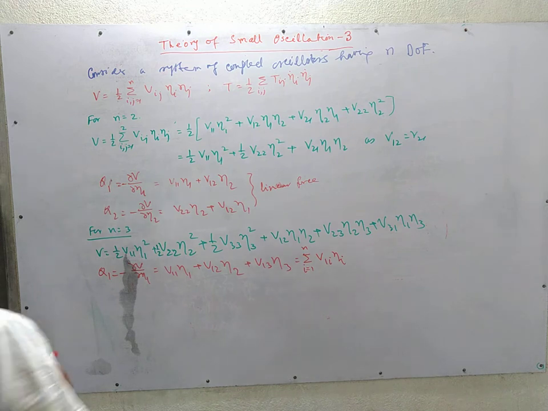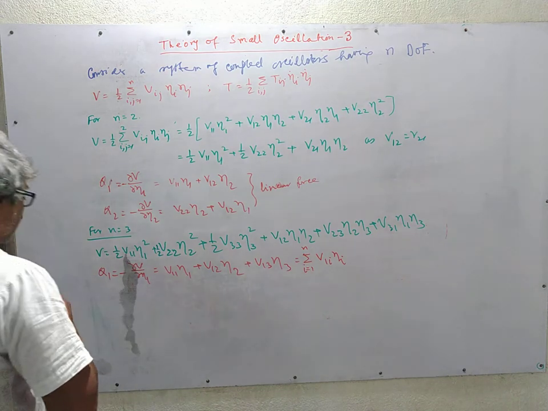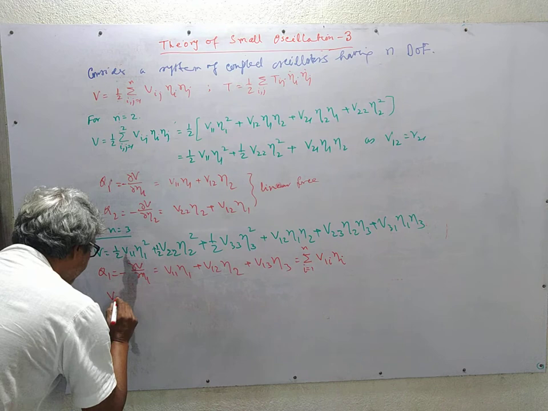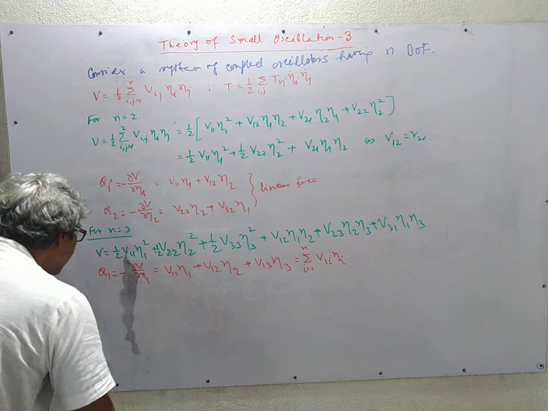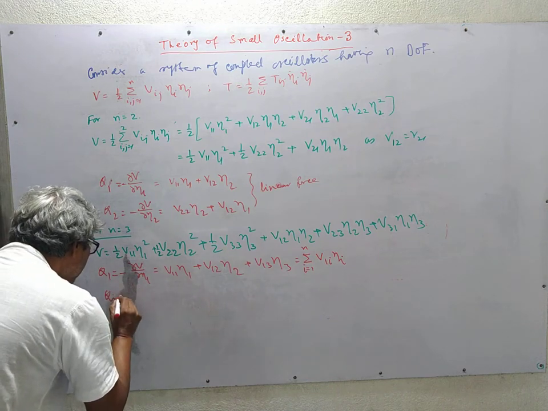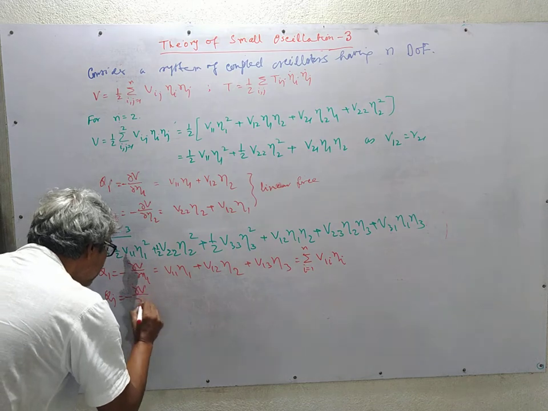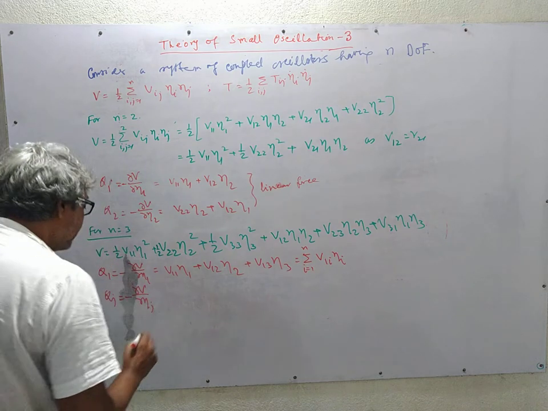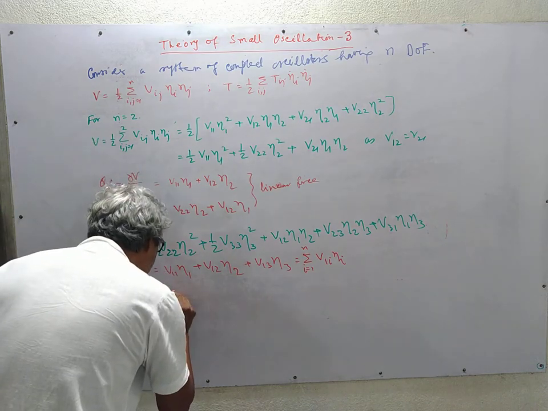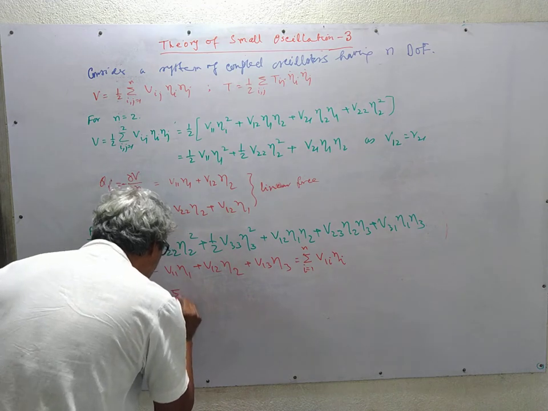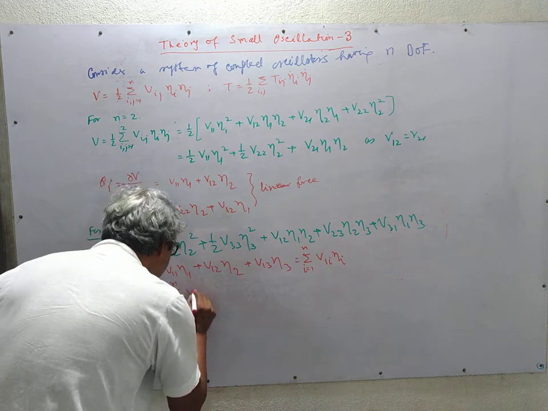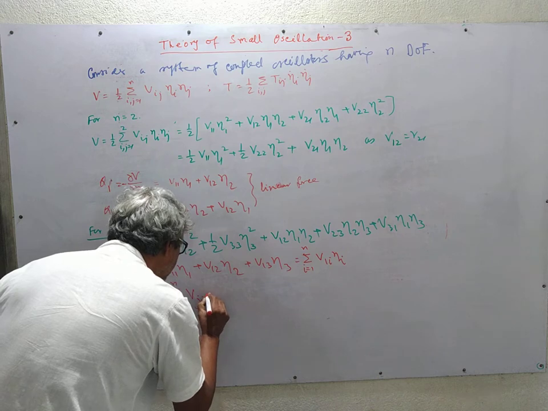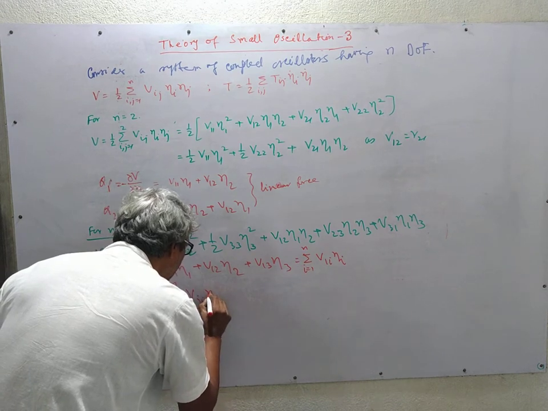So in general, we can write Qj is equal to minus del V del eta j is equal to summation over i is equal to 1 to n Vji eta i.